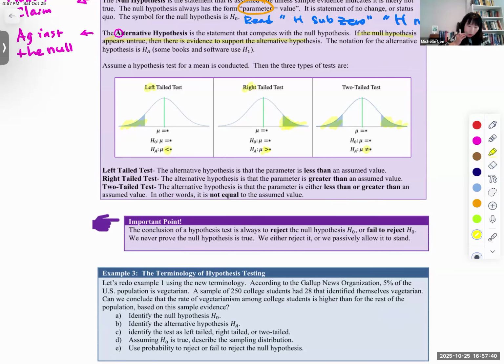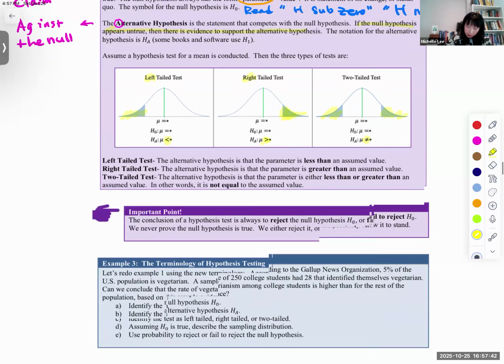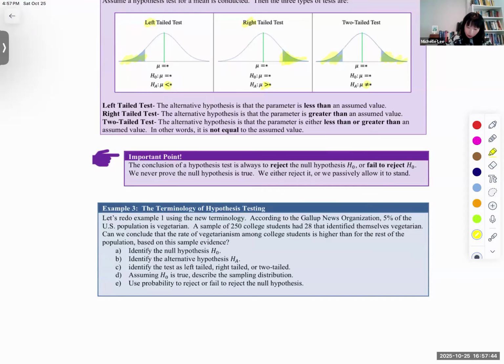Okay, look, the important point is that the conclusion of a hypothesis test is always to reject the null hypothesis, H sub 0, H naught, or fail to reject H naught.